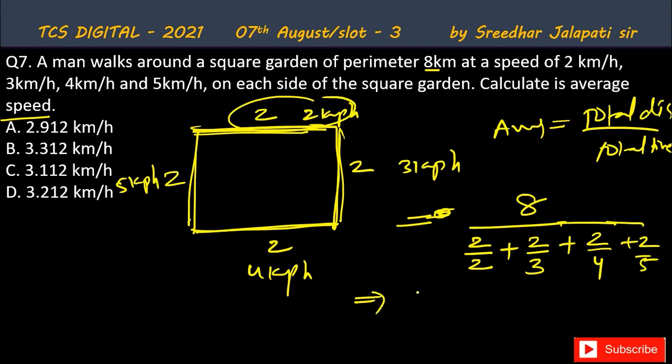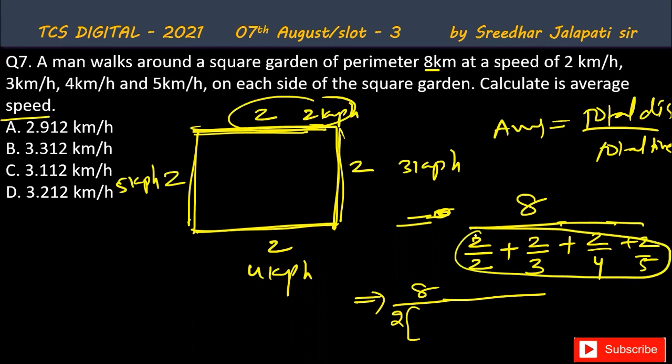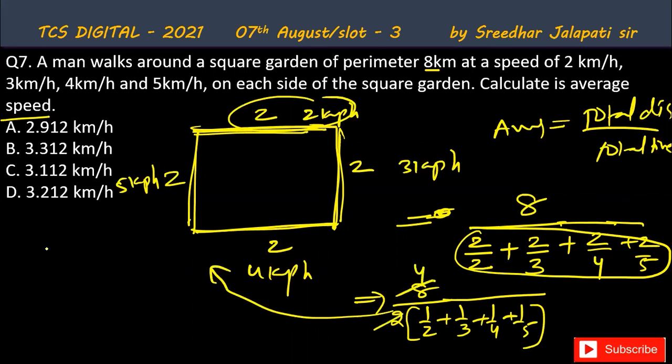If I simplify this further, I can take 2 common from all the denominators' fractions. So this is 8 by 2 times 1 by 2 plus 1 by 3 plus 1 by 4 plus 1 by 5. 8 by 2 is 4. The LCM of 2, 3, 4, 5 is 60. So in the numerator I'll get 30 plus 20 plus 15 plus 12.